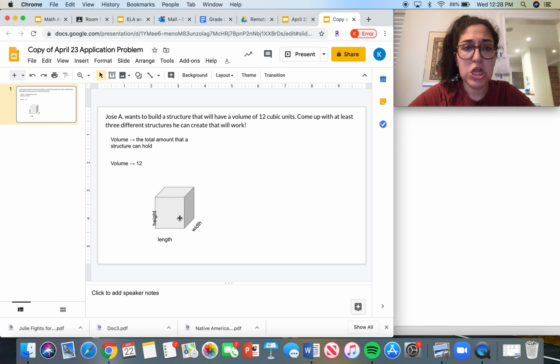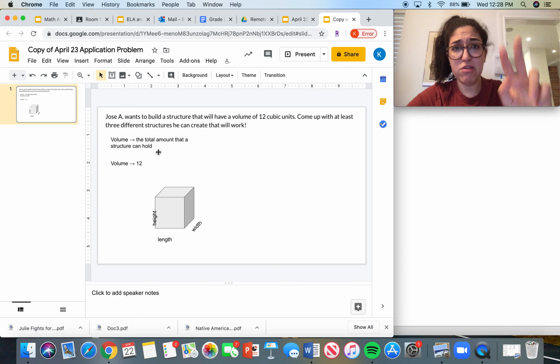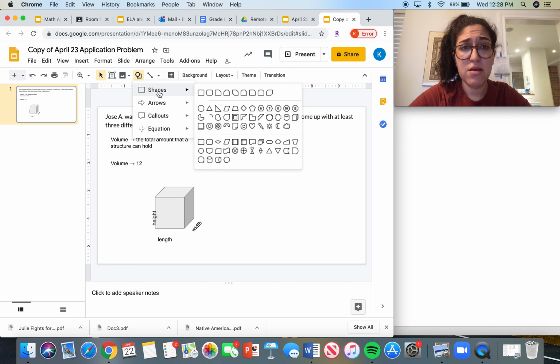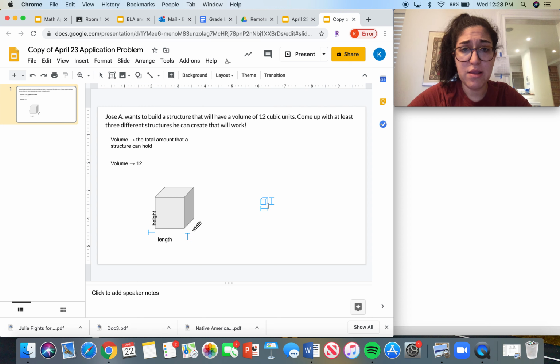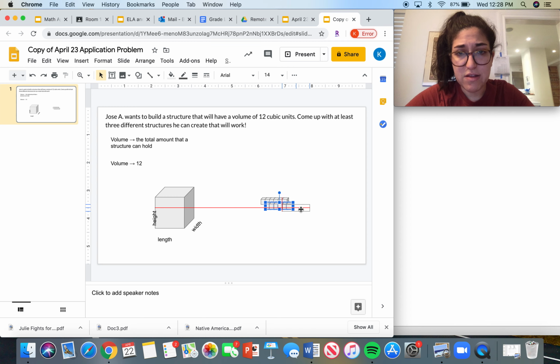And the total amount that fits into this structure needs to be 12. If I'm thinking about this, there are 2 ways to think about it. One is you can create an actual structure that has 12 of these little cubic units. So I could do 1, 2, 3, 4, 5, 6, and I'm actually just going to use a shortcut here, 7, 8, 9, 10, 11, 12.